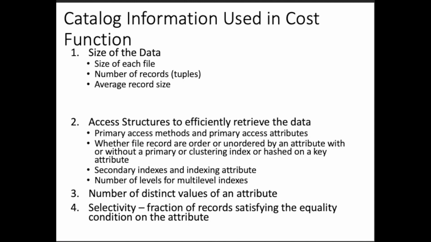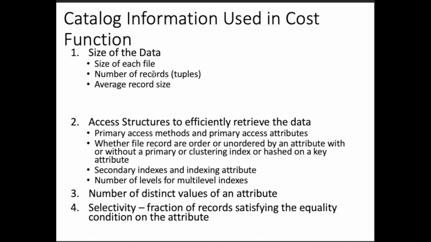Okay, so next is some catalog information used in cost function. As my way of understanding this slide is what are the input parameters that are directly affecting the complexity of the query. The first one is the size of the data. So size of each file, because at the parang lowest level, data are stored in files naman talaga.